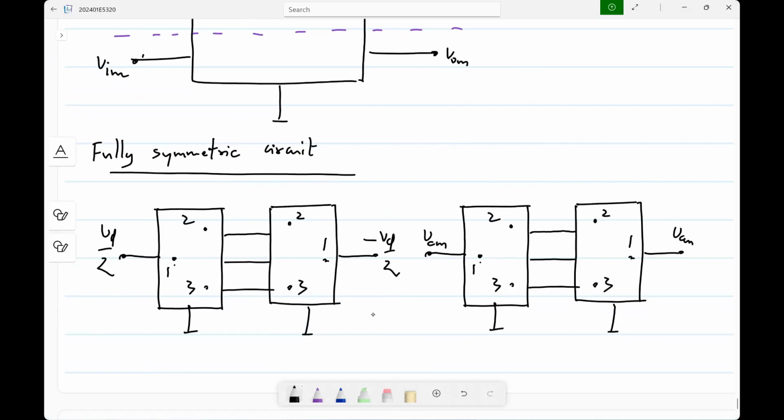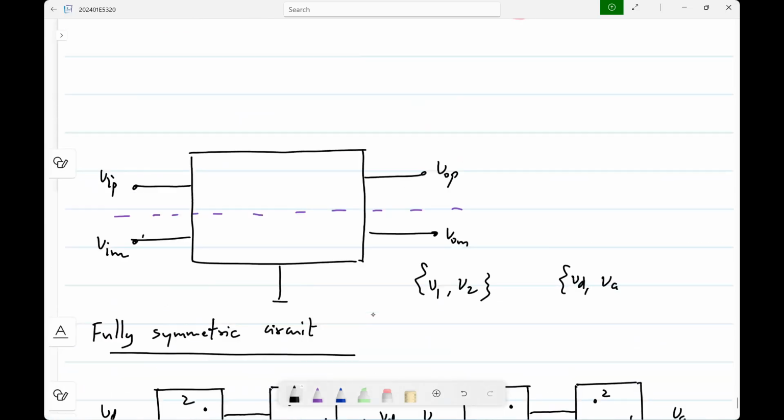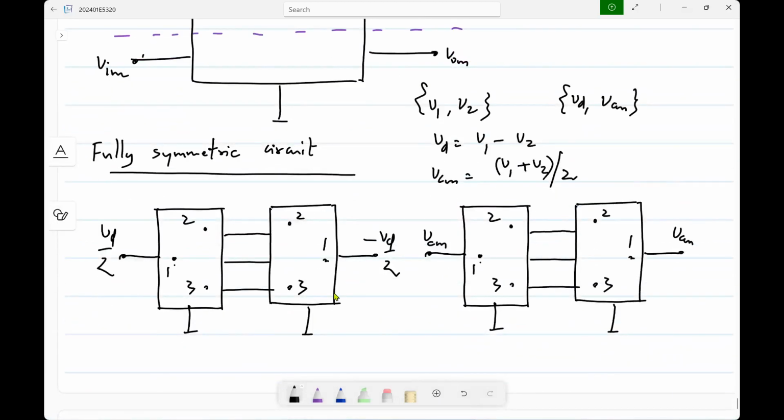Any signal that we have, V1 and V2, instead of taking them as arbitrary voltages, we resolve them into the differential and the common mode components, where Vd is V1 minus V2 and Vcm is V1 plus V2 divided by 2. Okay. So we can analyze them with either V1 and V2 or Vd and Vcm. We'll do it with Vd and Vcm because that's what is functionally significant for us. Most of the time we want the circuit to react to Vd but not to Vcm. Okay.